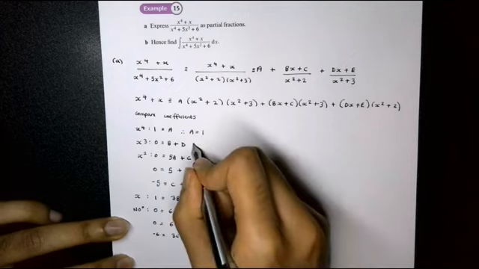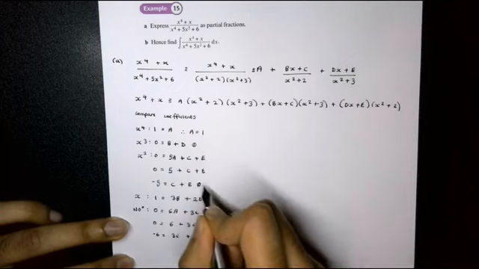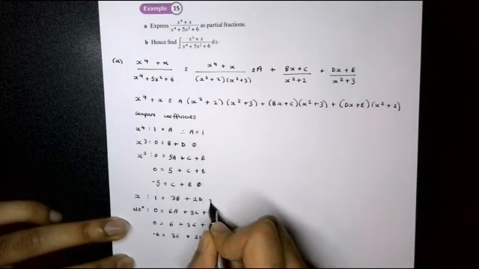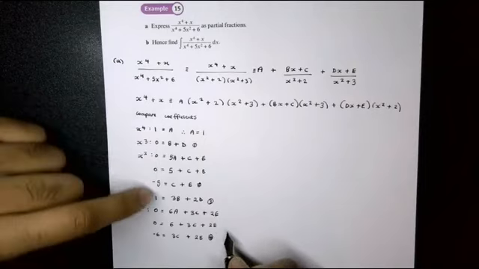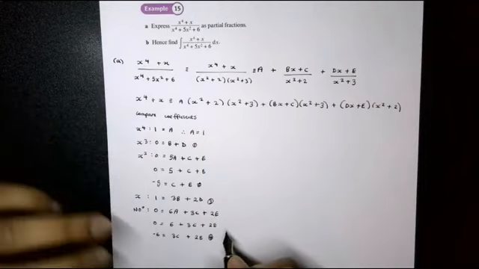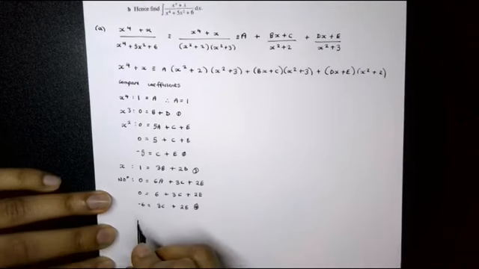So if I call this equation 1, this equation 2, this equation 3, and this equation 4, we can solve equation 1 and equation 3 simultaneously. So let's just write that down.